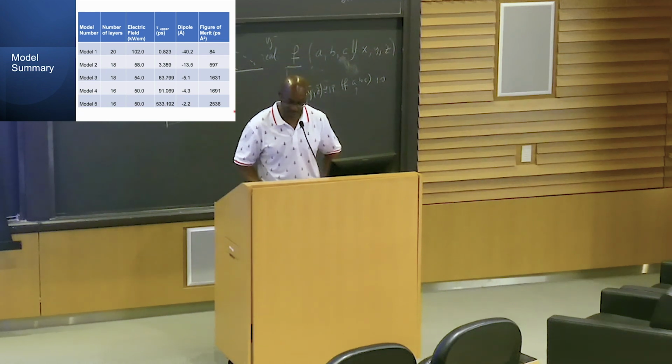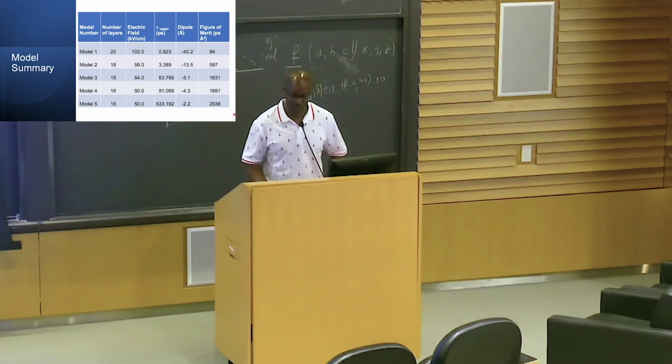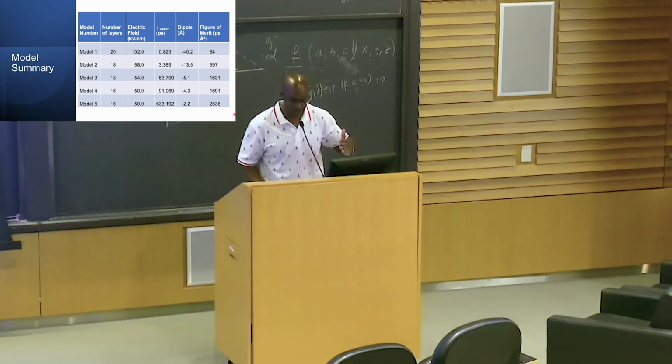But in this case, my figure of merit was so high, it didn't really matter. What that tells me is my upper tau was so great in each model that all my energy states within the upper part of the transition were so great that it was going to give light regardless.